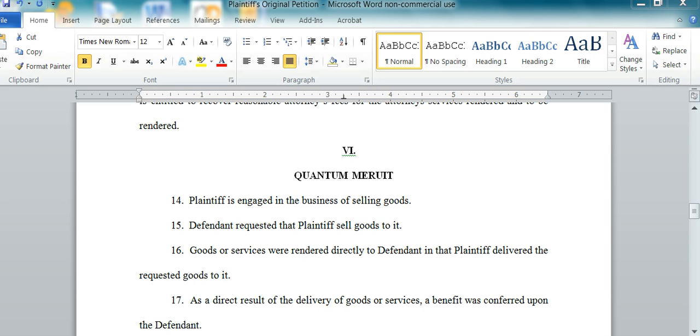The plaintiff also alleges a cause of action called quantum meruit. The plaintiff also alleges a cause of action for money had and received. These are all different causes of action that are set out. And usually when a plaintiff brings a lawsuit, the plaintiff sets out all of his different causes of action.